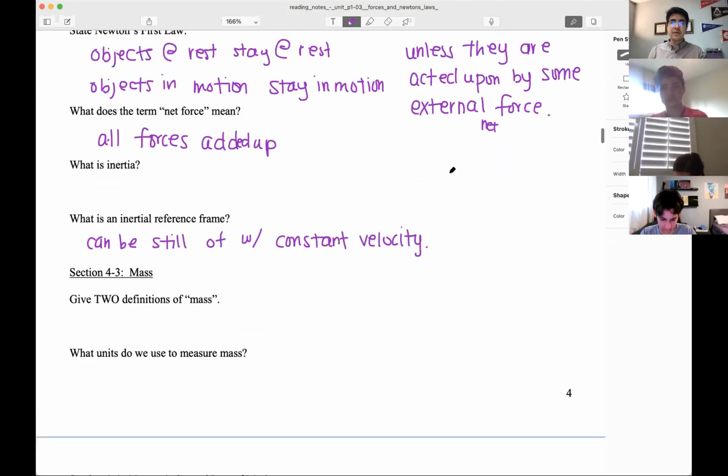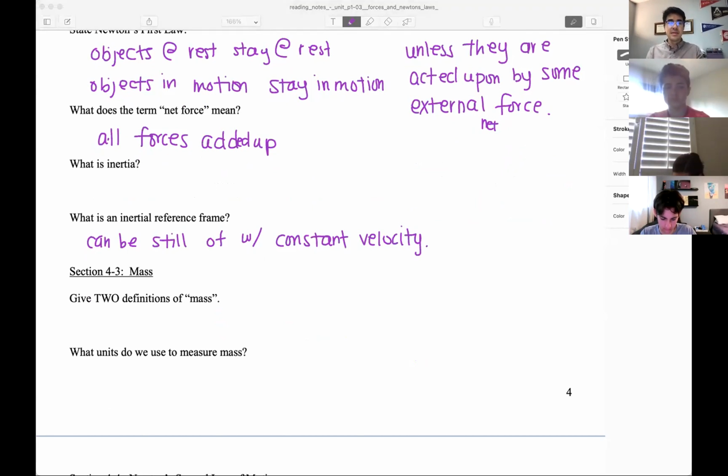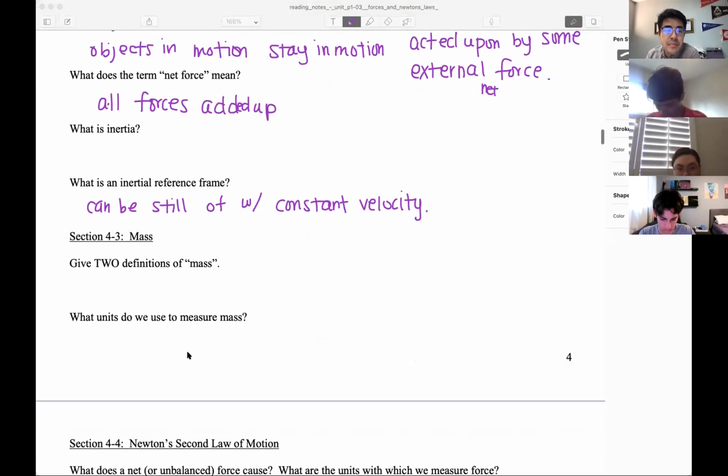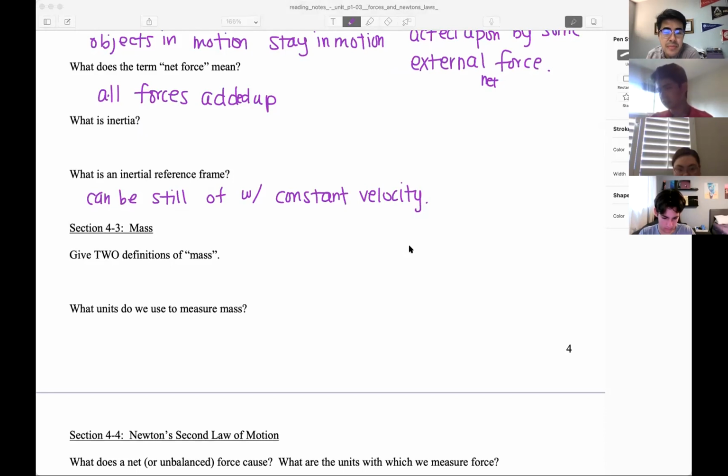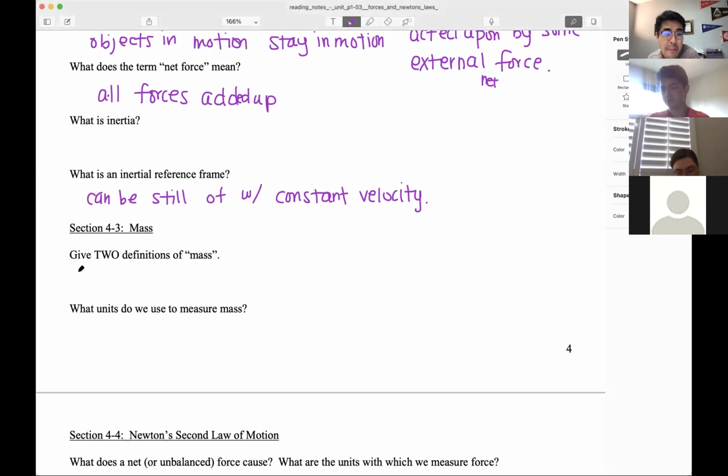Okay, so give two definitions of mass. The first one you learn in science class in middle school or whatever is the amount of substance in something, right?